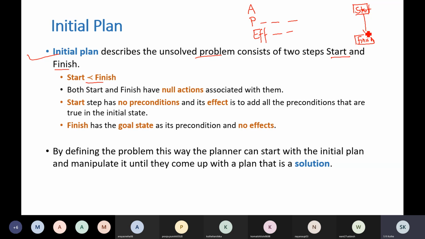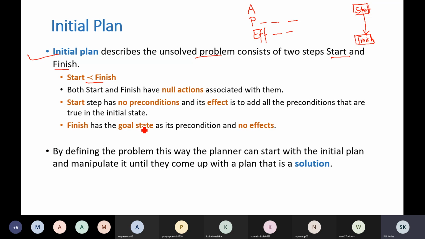Because of that, you will get the goal that has to be achieved, which will become true, and it will not have any effect, as opposed to the start state. Start state will have effect and no preconditions. Finish state will have a goal state as its preconditions, but it will not have effect because that is the final state. Okay, the goal is achieved.